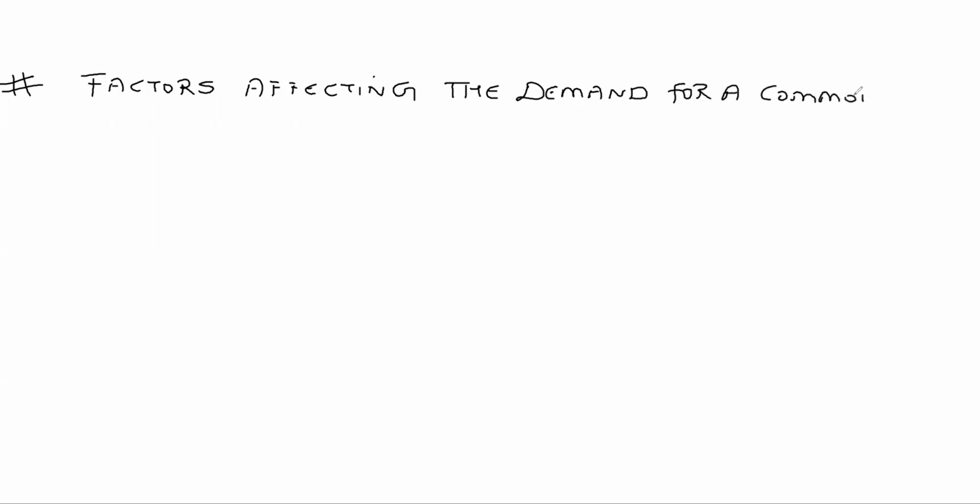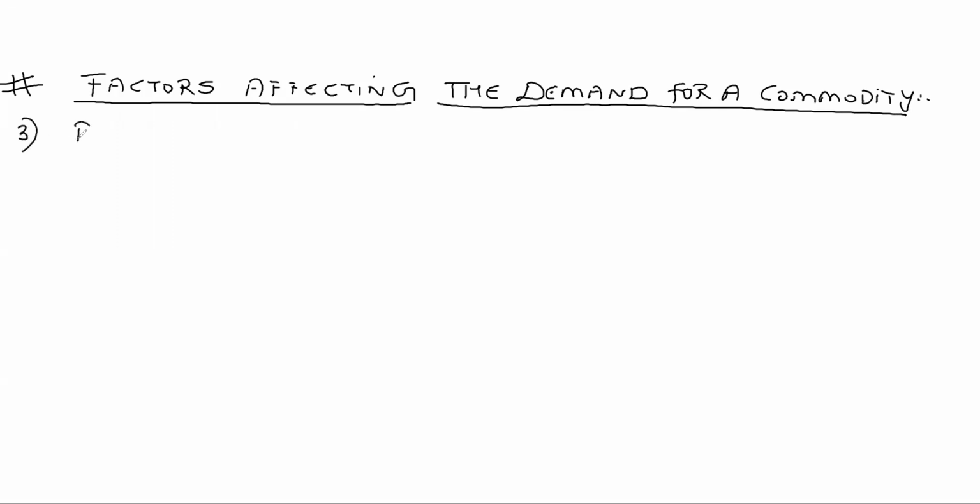Okay, so let's talk about the factors affecting the demand for a commodity. Now, in the previous lecture, we had talked about own price of a commodity and the income of the consumer and price of related goods. We were on this factor. So this was our third factor, price of related goods.